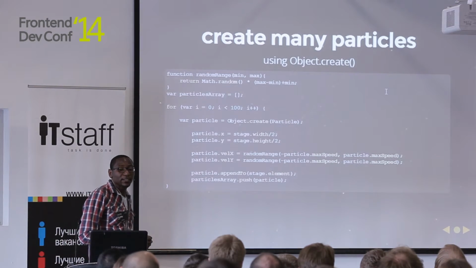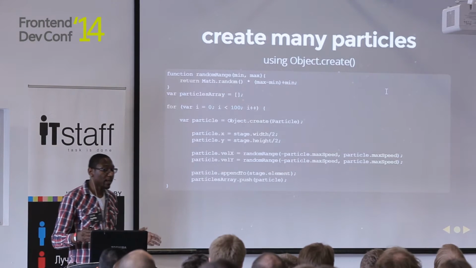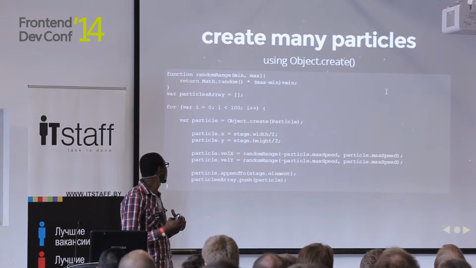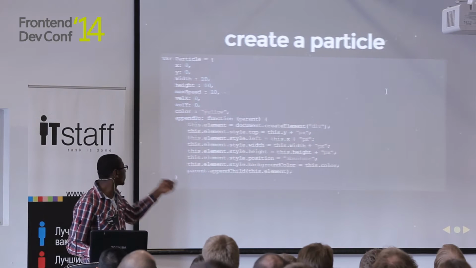To create many particles, we will create an array, and inside the loop we will create an instance based on how a particle, we have set it before, this one.